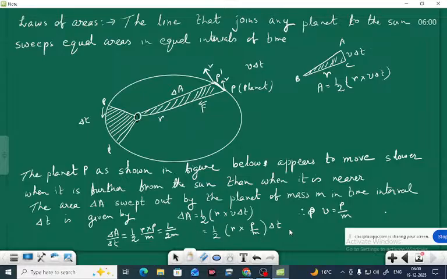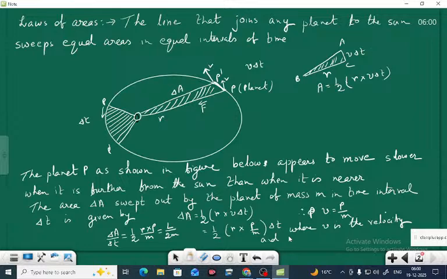Where v is the velocity and capital L is the angular momentum equal to r cross p.